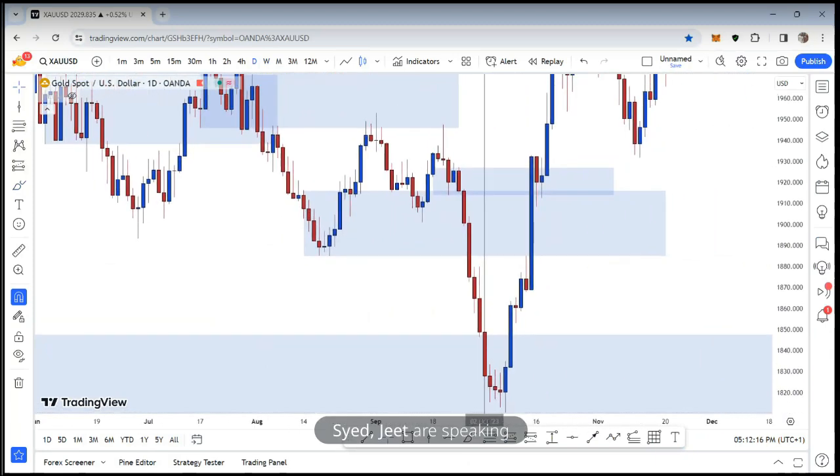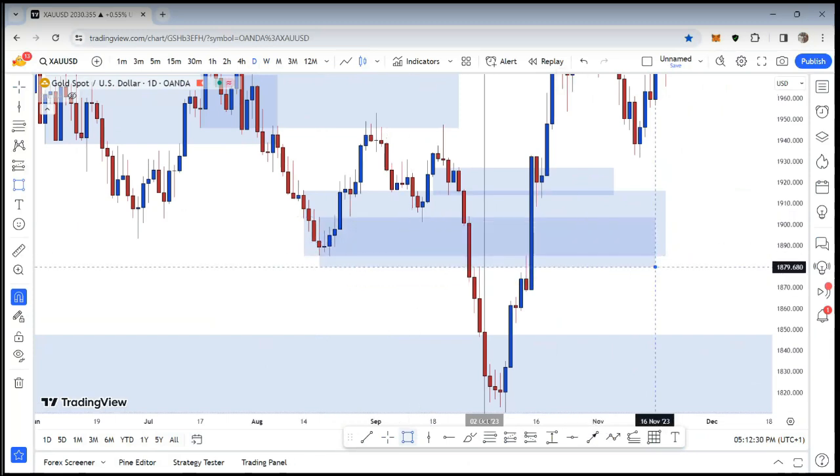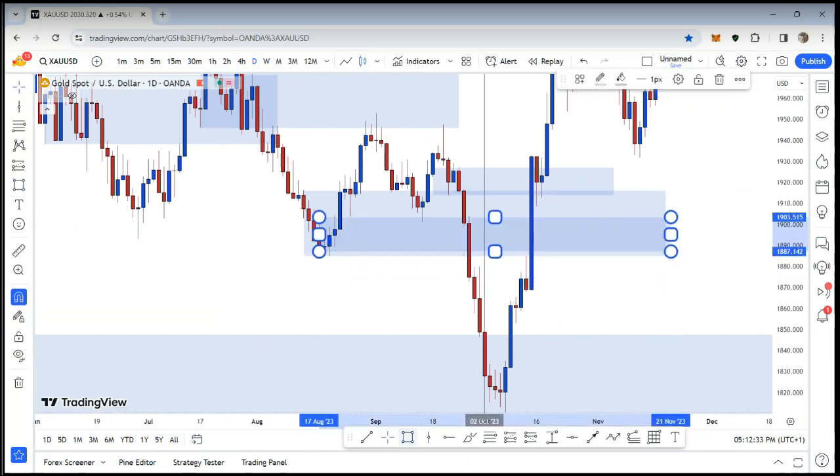Now, according to the law of structures, daily is bearish, and if we want to trade the bearish retracement of the daily time frame, we want price to retrace to this level at least on the daily time frame.